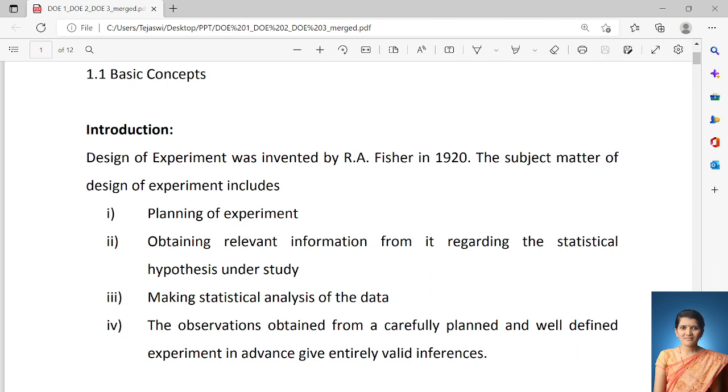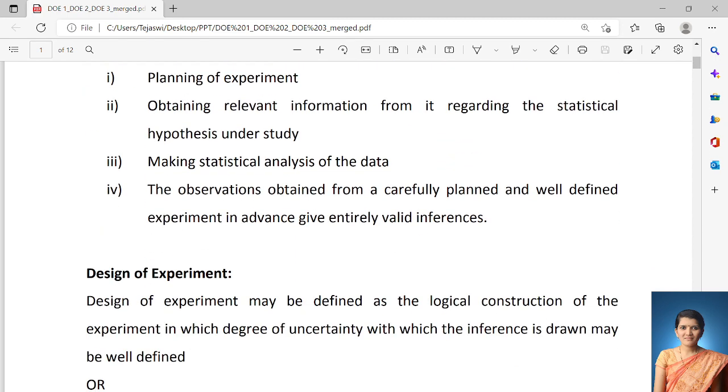And then last step is that the observations obtained from a carefully planned and well defined experiment in advance give valid inference. After making some statistical analysis, we make the conclusion and write the inference.